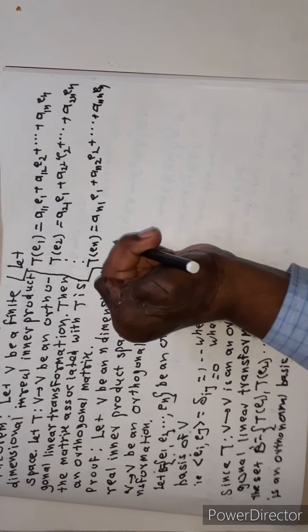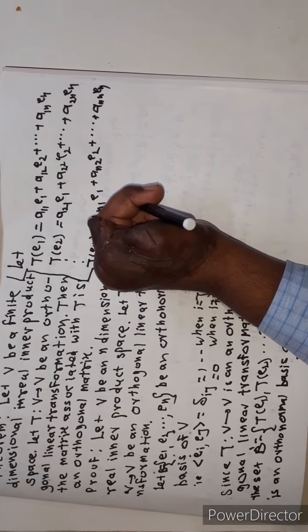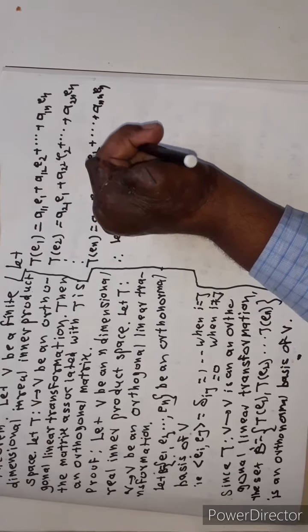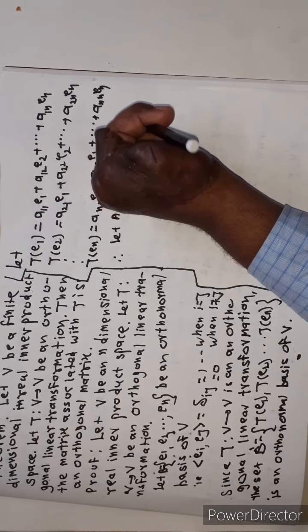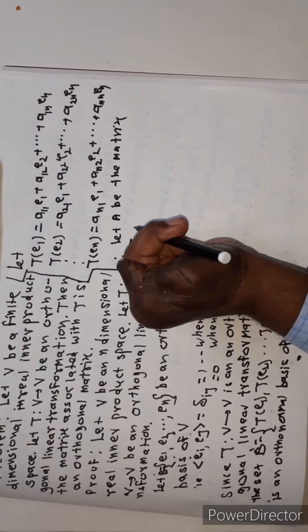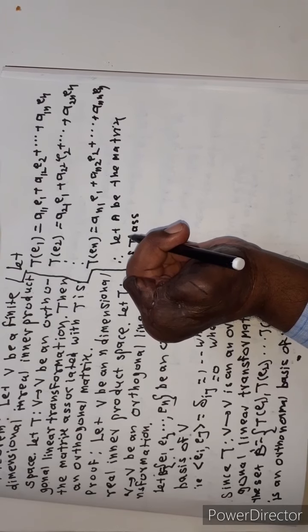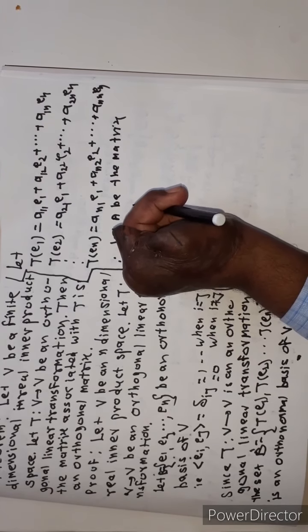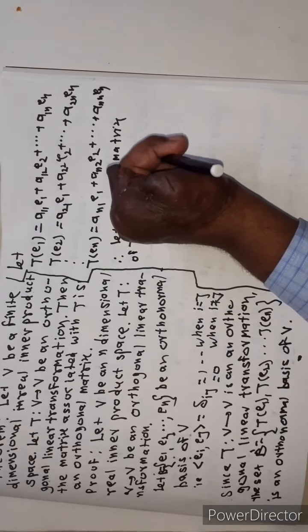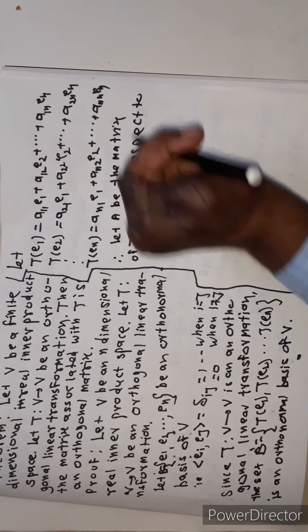Therefore, let A be the matrix of T with respect to the basis B.